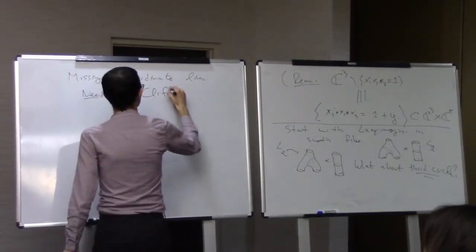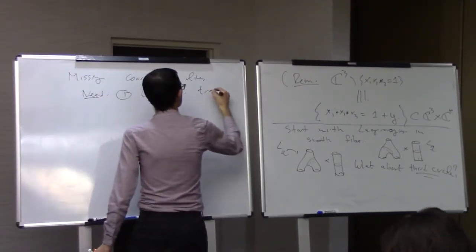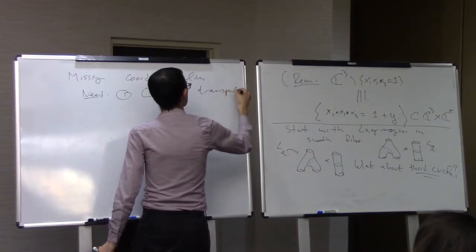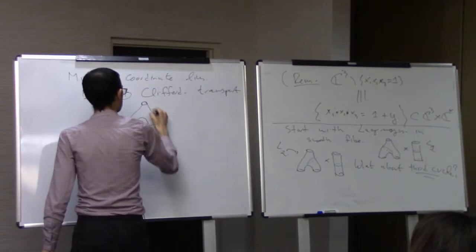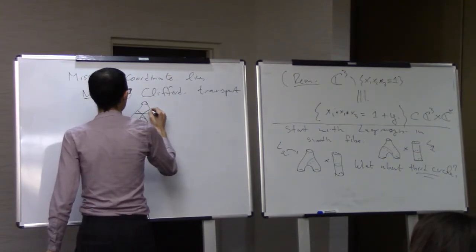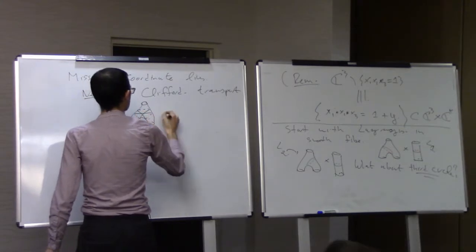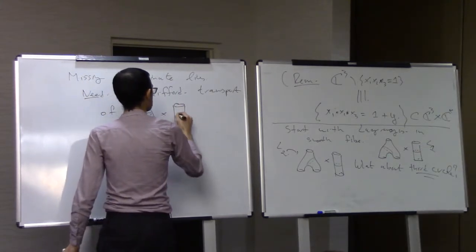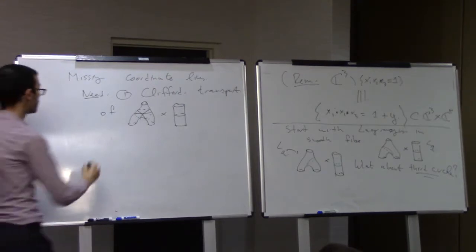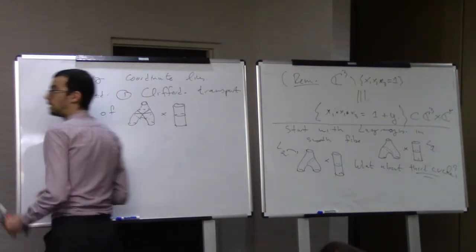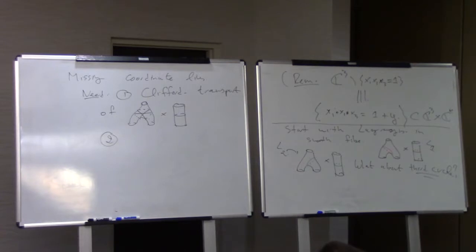Clifford transport of, let me just draw a picture instead of giving things names. Times this. That's one coordinate line. And 2, you need this yin-yang, which is again a version of the yin-yang construction of the base, applied to these 2 different tori.